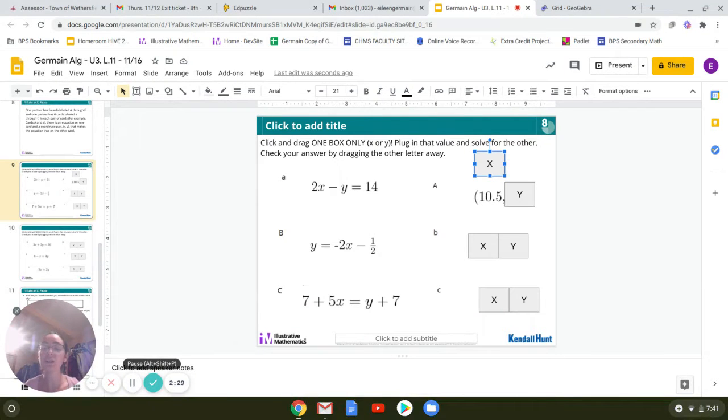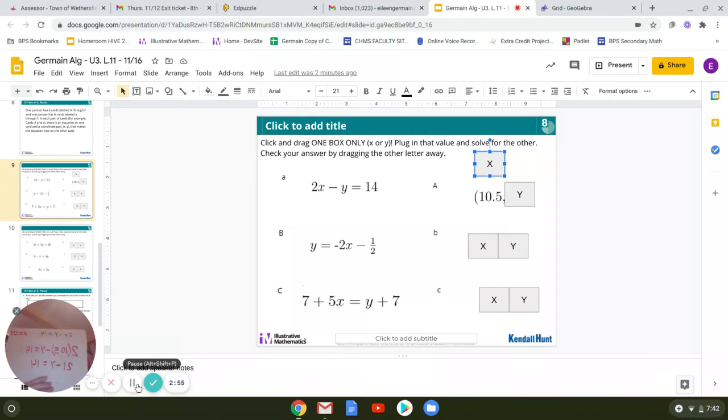Okay, so once you take your equation, 2x minus y equals 14, you plug that 10.5 in for the x. So you'd have 2 times 10.5 minus y equals 14. Then you multiply the 2 times the 10.5, and you get 21 minus y equals 14.